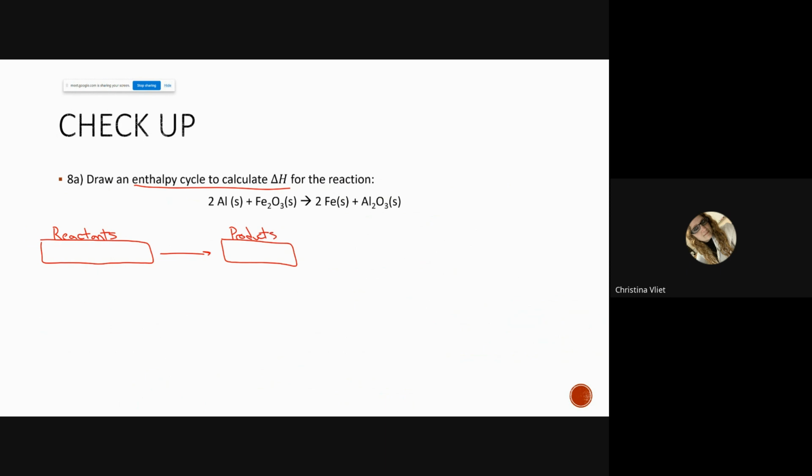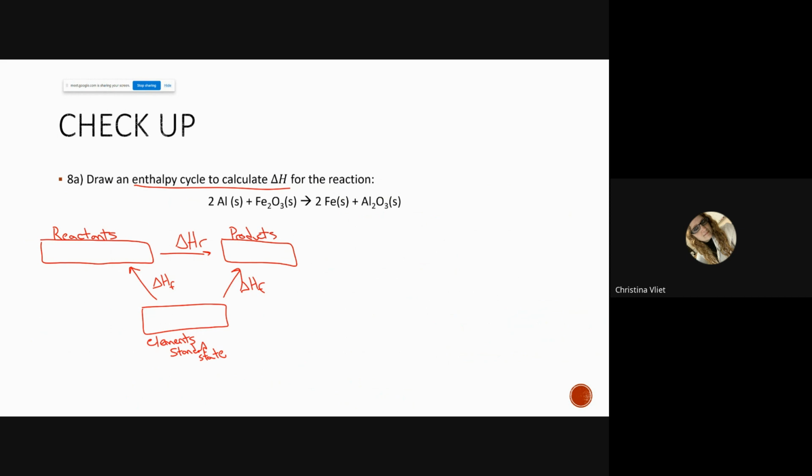And then at the bottom is elements in their standard state. And then it's the reaction of the elements to the reactants, the elements to the products, and that's what you've got. And this is delta HR, this is delta HF, and this is delta HF, the formation values.